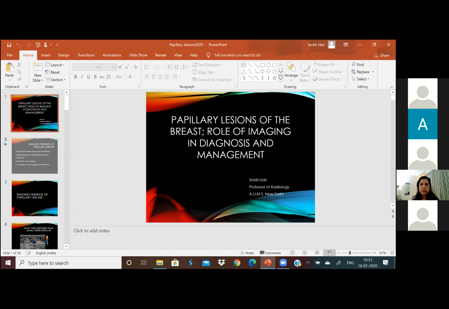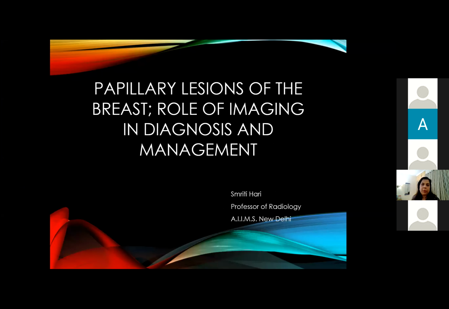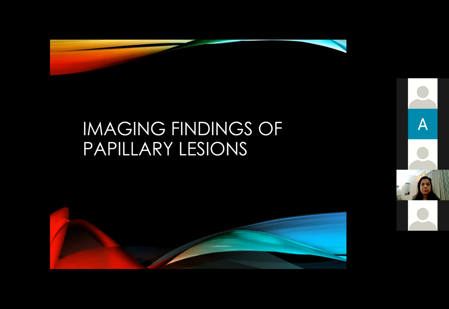Right. So I'm here to talk about the role of imaging in diagnosis and management in the papillary lesions of the breast. Let me straight away start with the imaging findings of papillary lesions. They have myriad imaging features because it's a group of very heterogeneous lesions, as we saw in the previous lecture.